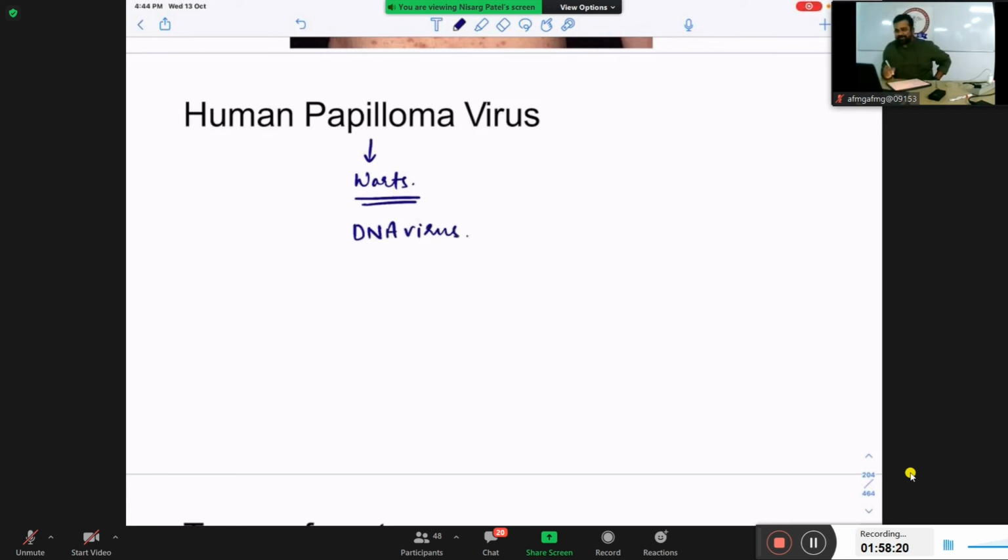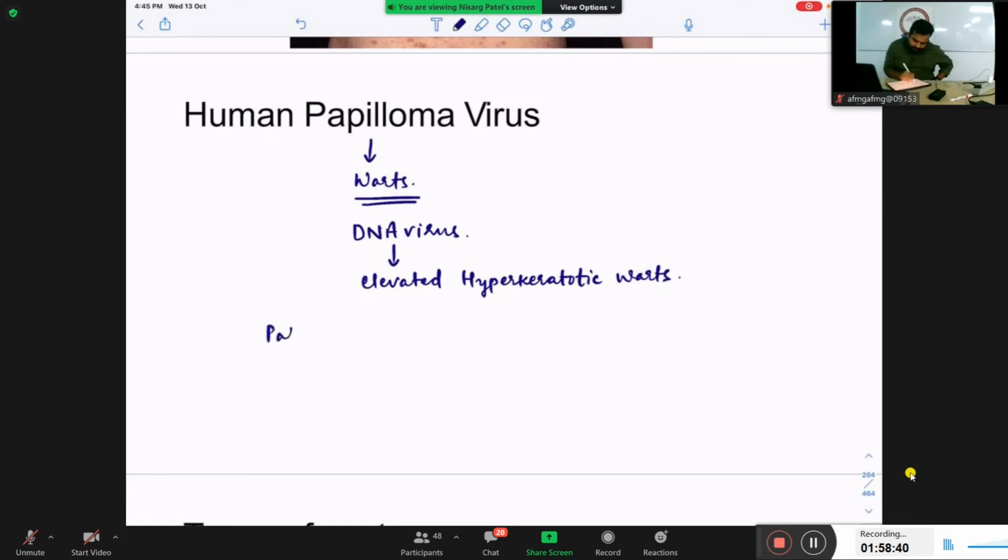It is a DNA virus. It causes elevated, hyperkeratotic warts.